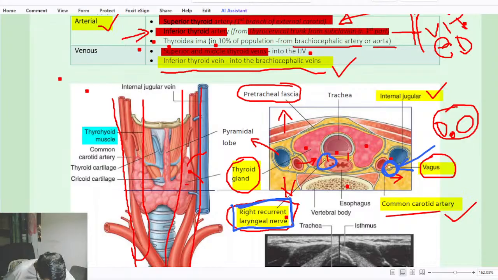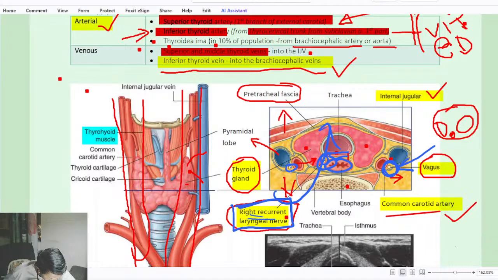Recurrent laryngeal nerve will remain in between esophagus and trachea. This is esophagus and trachea, because this recurrent laryngeal is actually a branch of vagus, but in right and left side they arise from different levels.